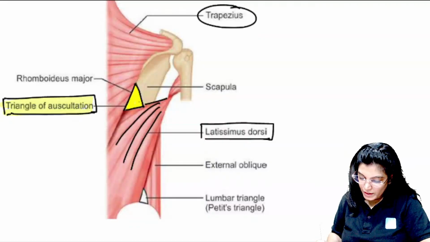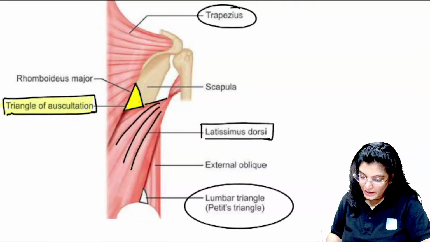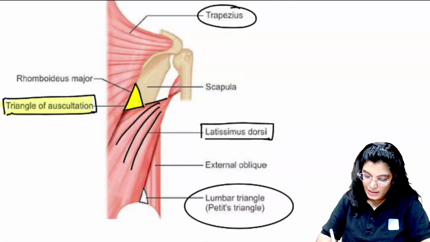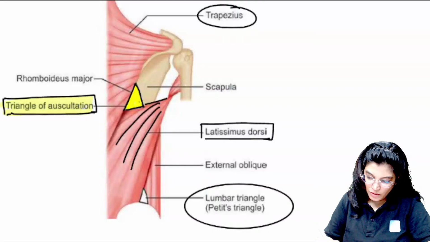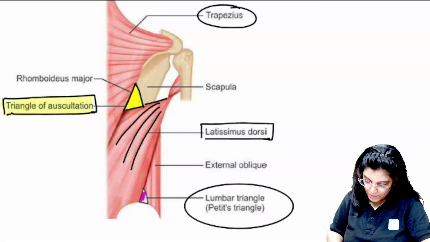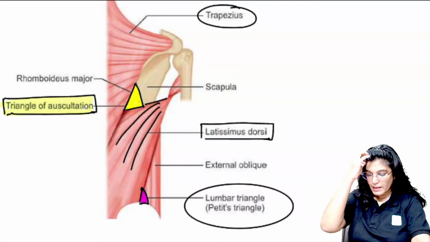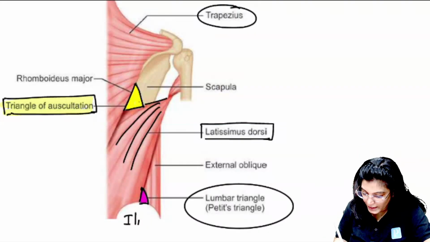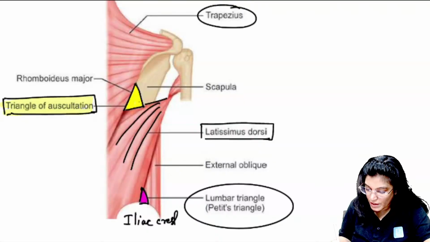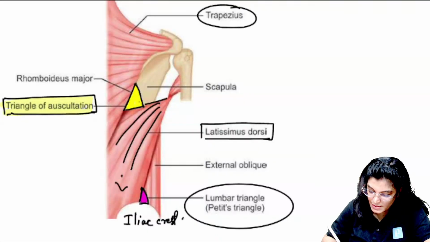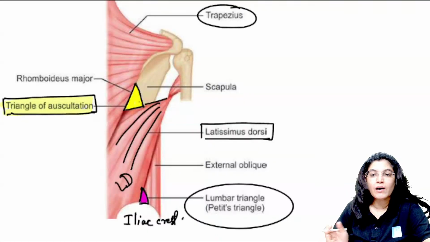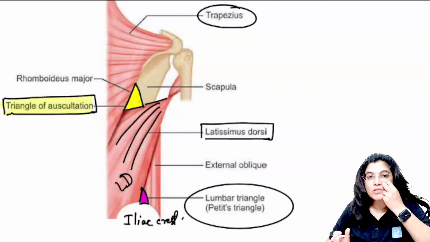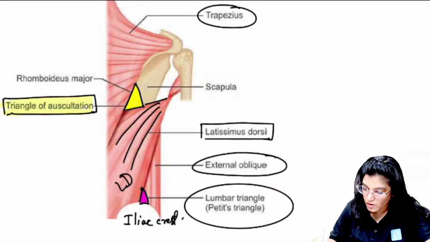Now, in the lower part, we can see the lumbar triangle. As you can see here, the lumbar triangle is a triangular gap. Actually, this is the area of lumbar herniation, lying lower down. Here we have the iliac crest, the upper part of the hip bone, latissimus dorsi posteriorly on one side, and anteriorly the external oblique muscle.